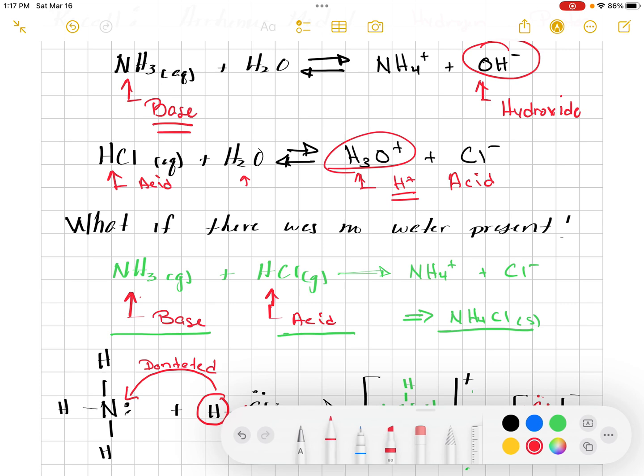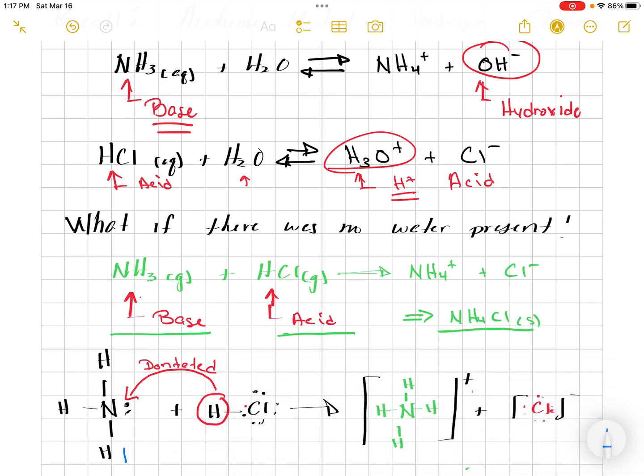The ammonia here is accepting the hydrogen. So when we go back to our definition, based on the new model, ammonia has become ammonium because it accepted hydrogen, and hydrochloric acid has become a chloride ion because it donated the hydrogen.